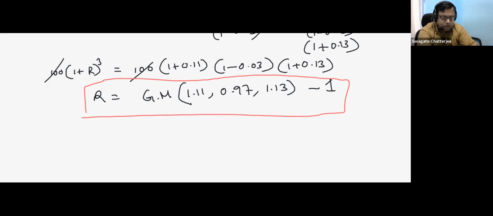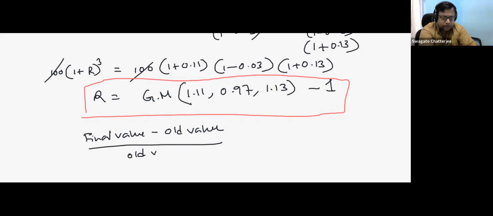Whatever you got after, let's say, 3 years, CAGR is basically the final value minus the old value, divided by the old value, to the power 1 by the time period.